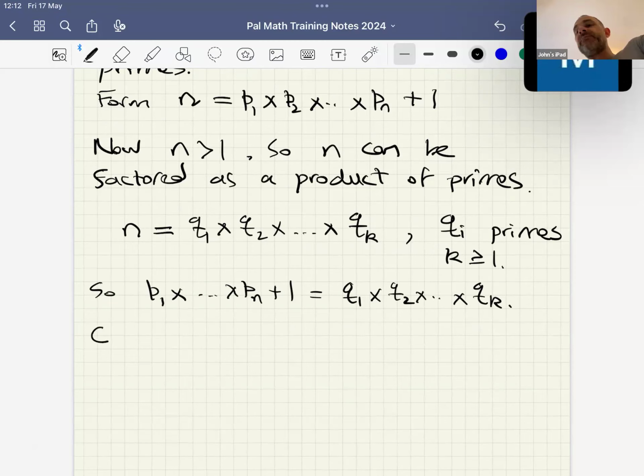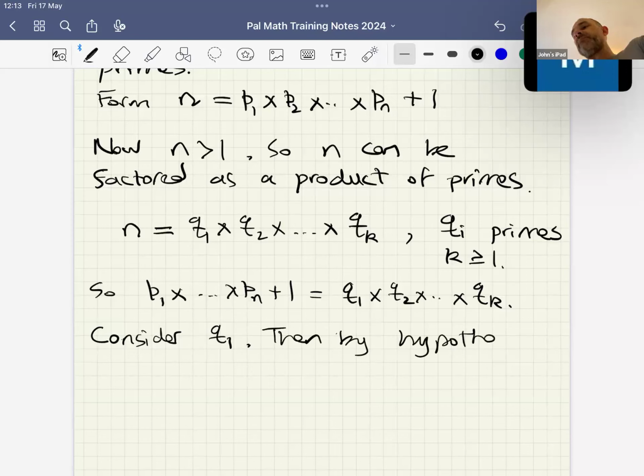So we consider q1. This is prime. Then by hypothesis, q1 is a prime, so it is in the list p1 down to pn of all primes.